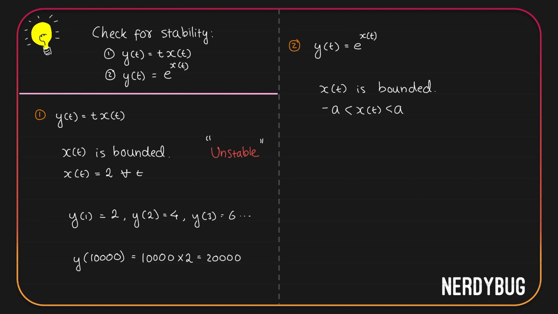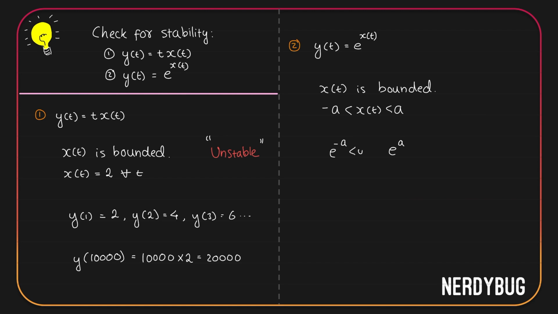Now let's see what y of t is going to look like for different values of t. y of t is e raised to x of t. That is, the power of e can only take values that x of t can take, which is from minus a to a. So obviously, y of t is going to be between e raised to minus a to e raised to a.